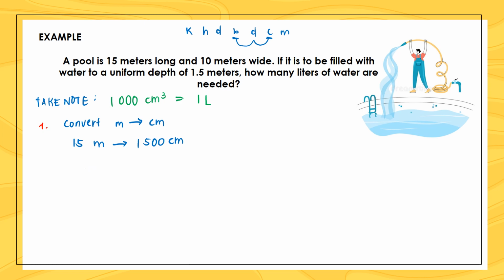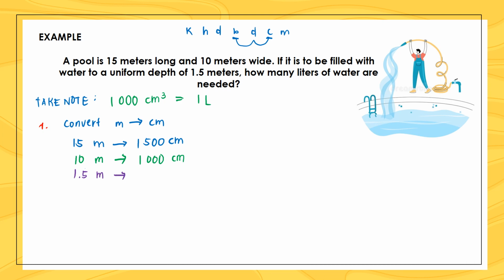Okay, so here's your first dimension. Next, 10 meters. As you have observed, we just added 2 zeros in here, so we'll do that pattern also in 10 meters. So 10 meters is equal to 1,000 centimeters. Next, we have 1.5 meters deep.